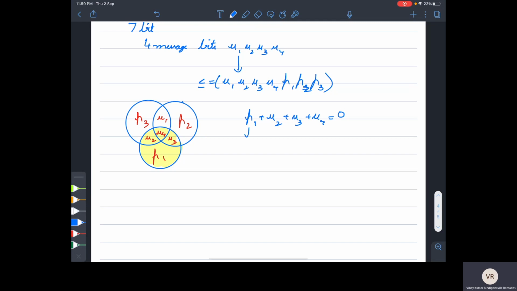Similarly, the other two parity check equations are also written appropriately. Okay. So all the operations here are mod 2.